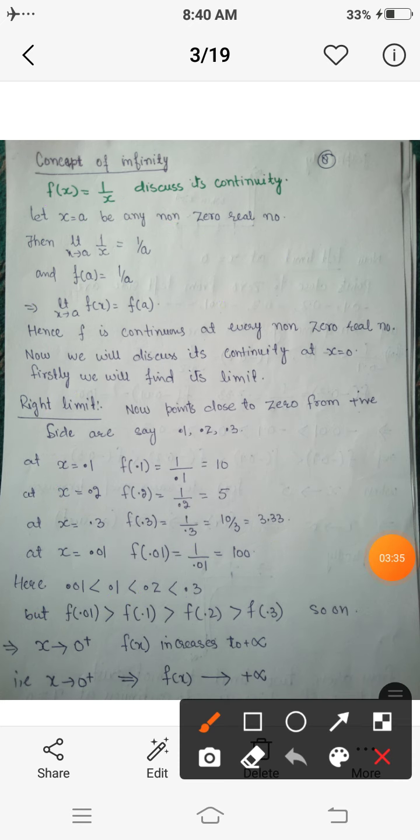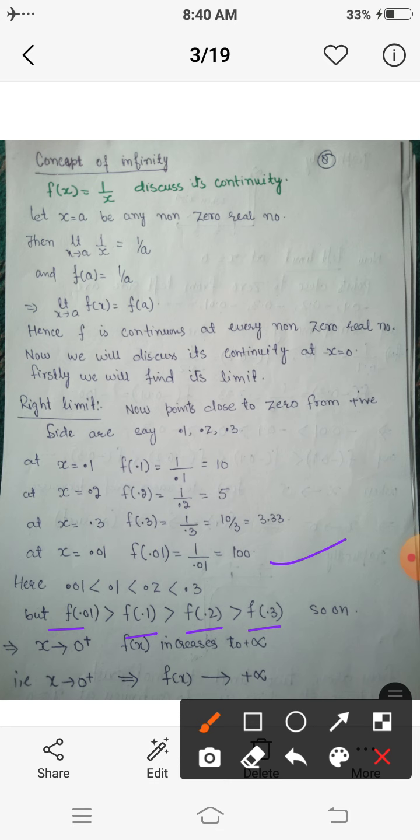At the smaller point 0.01, the value is 100. So f of 0.01 is greater than f of 0.1, greater than f of 0.2, greater than f of 0.3, which means that the value of the function is much greater for those points which are closer and closer to 0.